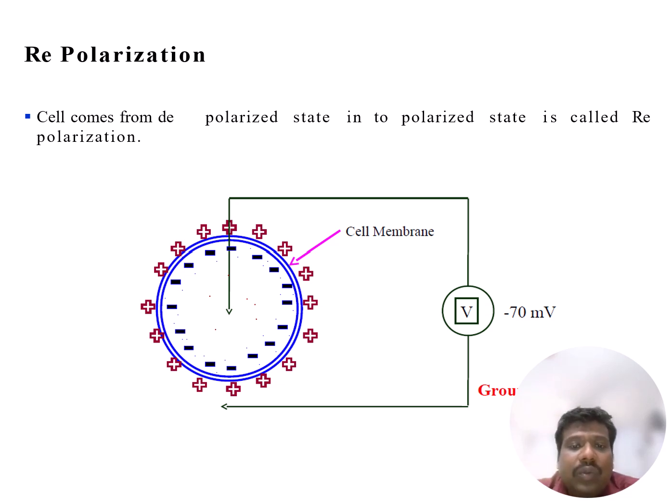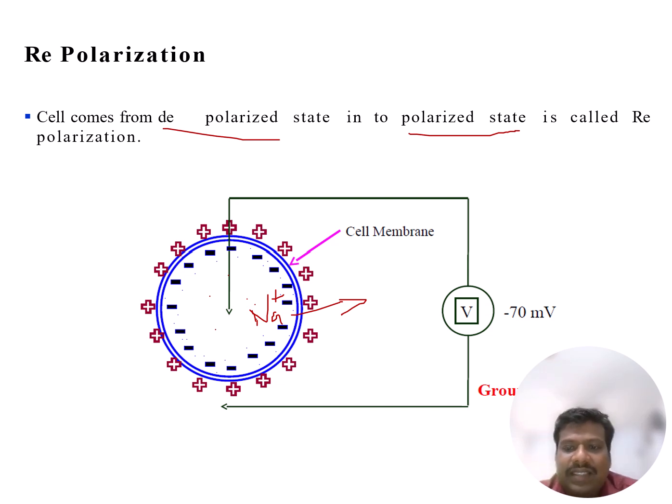So again the sodium ions are moved from inside to outside and it becomes the normal or original state. This is called repolarization. Again, inside will become negatively charged, minus 70 millivolt. The cell comes from the depolarized state into the polarized state, called repolarization. Again, it comes to the original state.